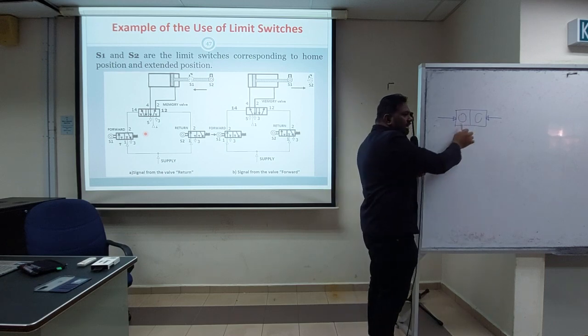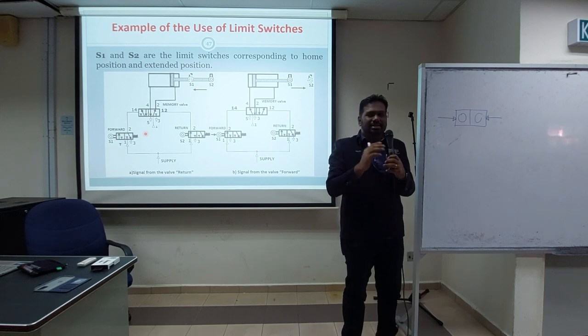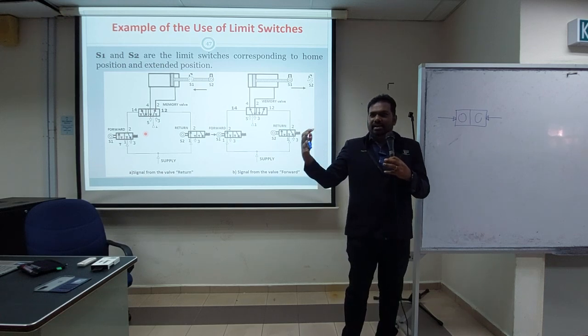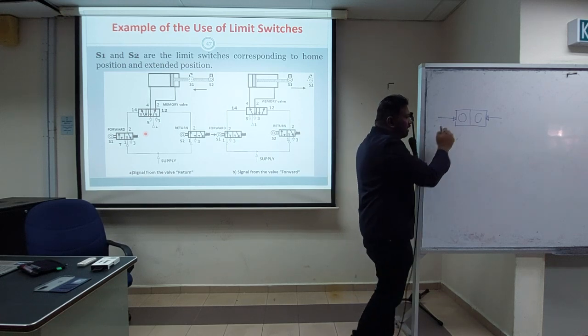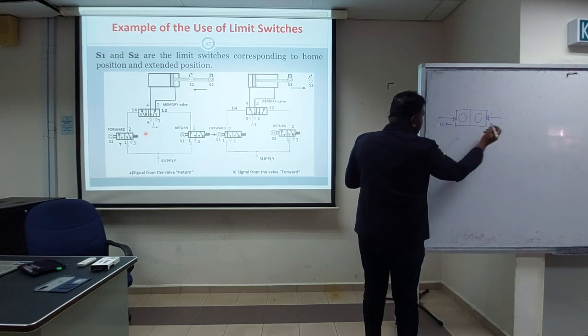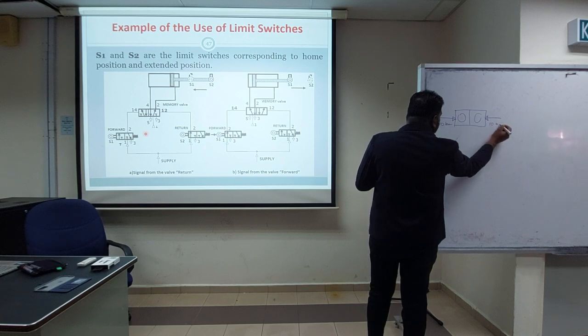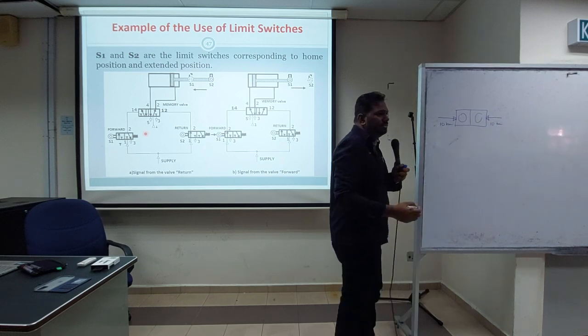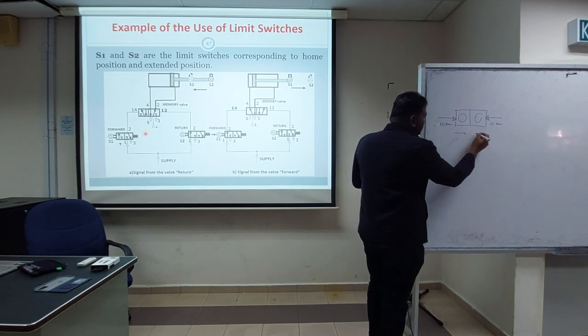So what's inside here is mechanical. So it will move based on the compressor pressure it receives. If both sides here are 10 bar, here also 10 bar, what will happen? So opposite direction.